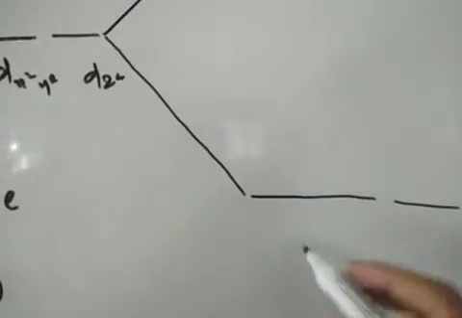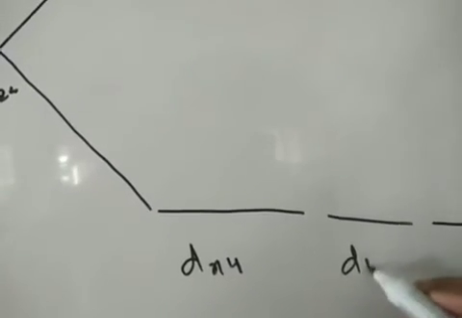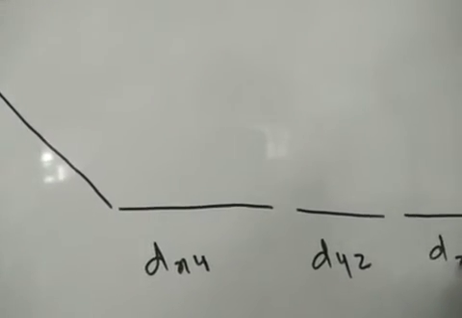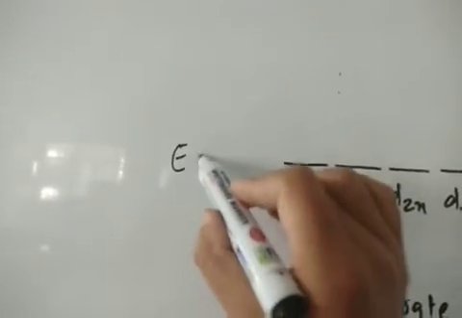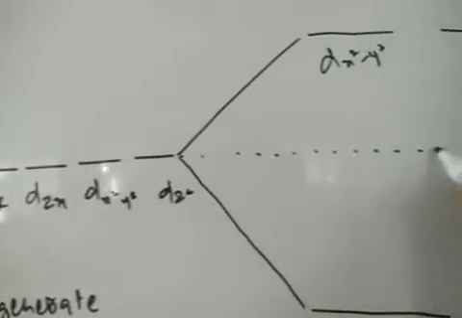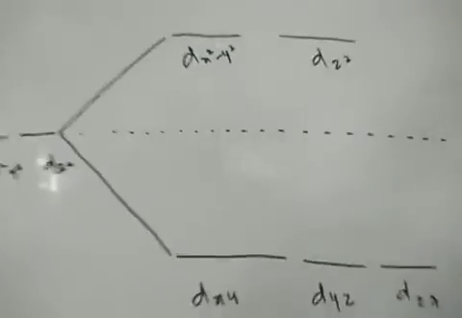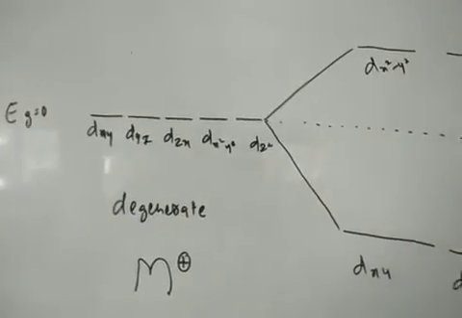And those orbitals that are lowered in the energy are dxy, dyz, dzx. So this is the center of gravity, where we'll assume that the energy is 0. So these are lowered in the energy, and these orbitals are raised in the energy.